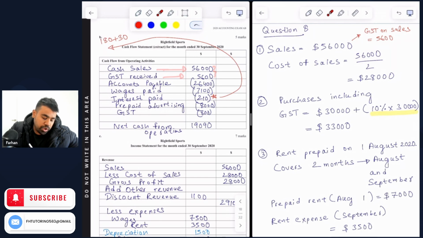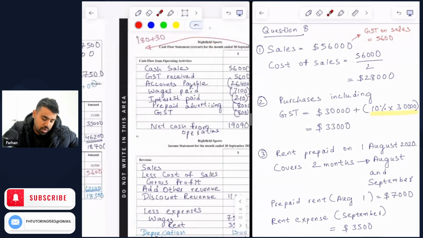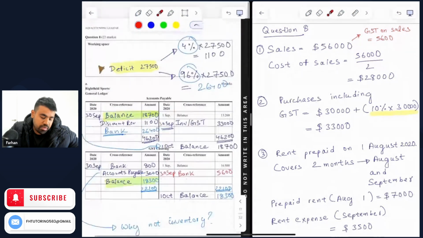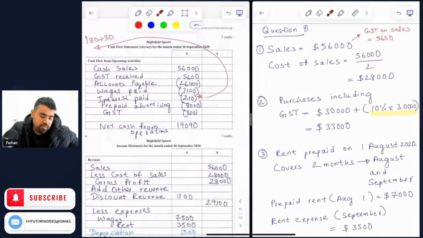And then we showed how much we have paid our credit suppliers, and that is 26,400. Where did we get this amount from? This is from the reconstruction of the ledger accounts for accounts payable from the previous part, and that is 26,400. The reason this is in brackets here is because we have paid, which refers to an outflow.